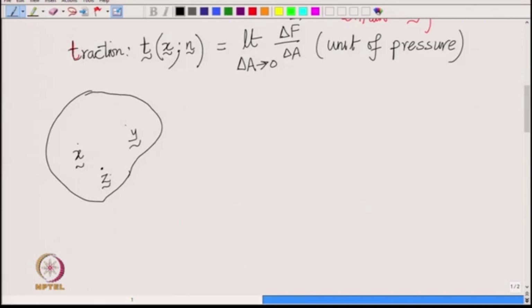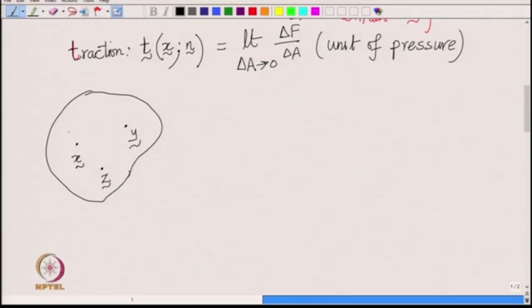So, there are 3 points, there are actually many points. So, at each of the points you will have different traction, because you see by definition traction is a function of x. Not only this, just at a point itself, let us say at the point x, you can think of several planes.